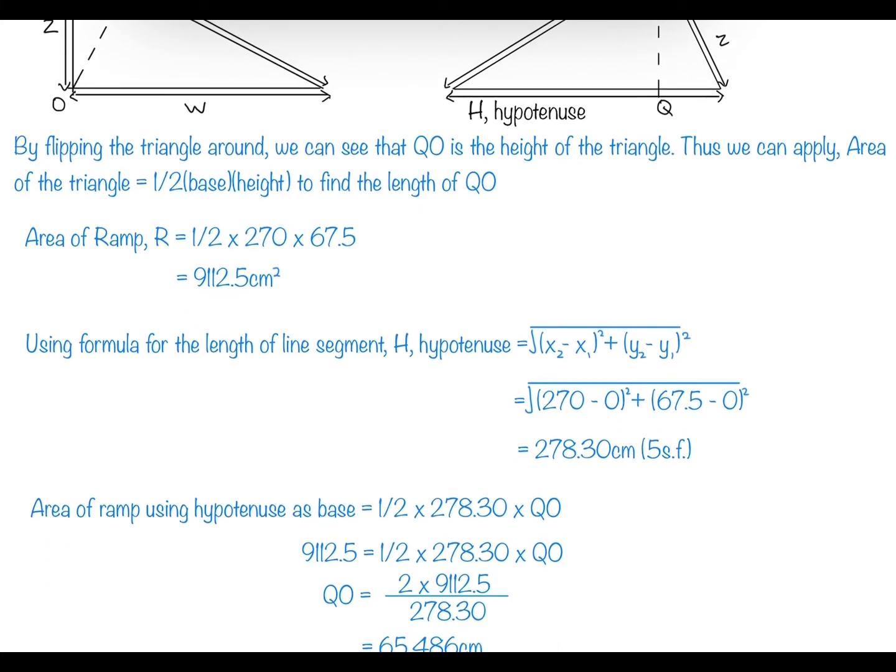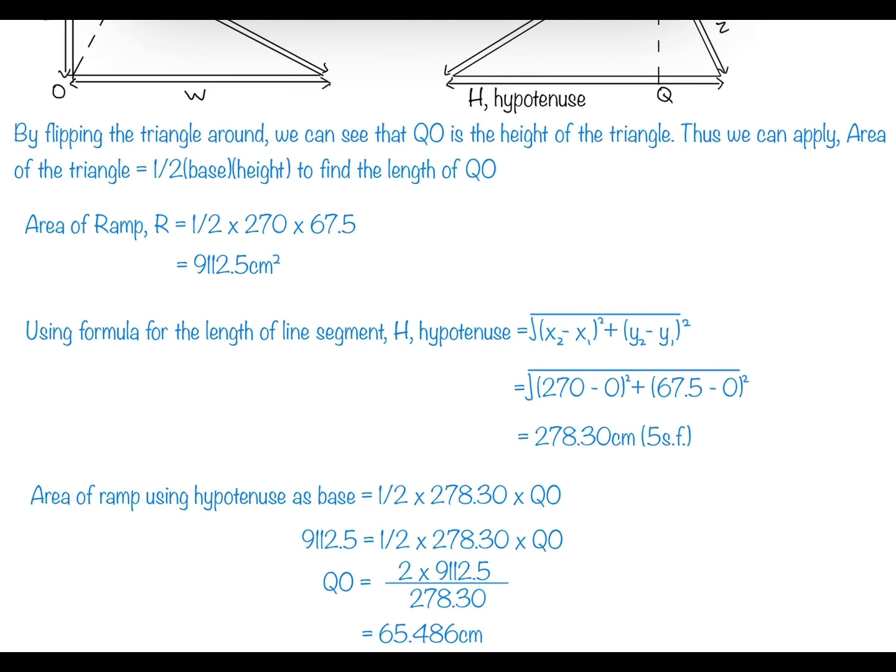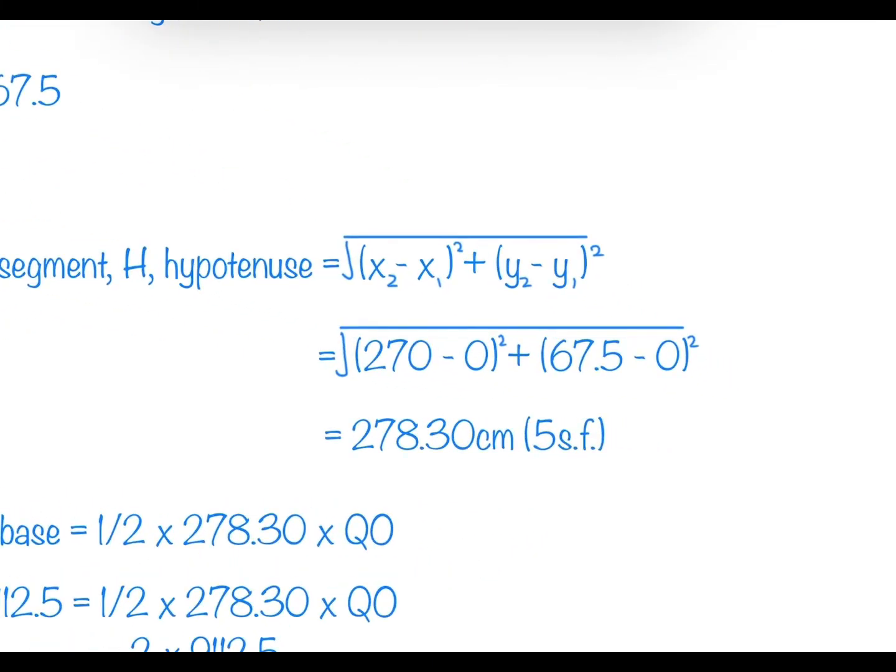After this, we will be using the formula for the length of a line segment to find the length of Q. So the formula goes like this: square root of x2 minus x1 squared plus y2 minus y1 squared. Since our ramp at the point O actually starts from the origin, your x1 over here and your y1 over here is actually just 0.